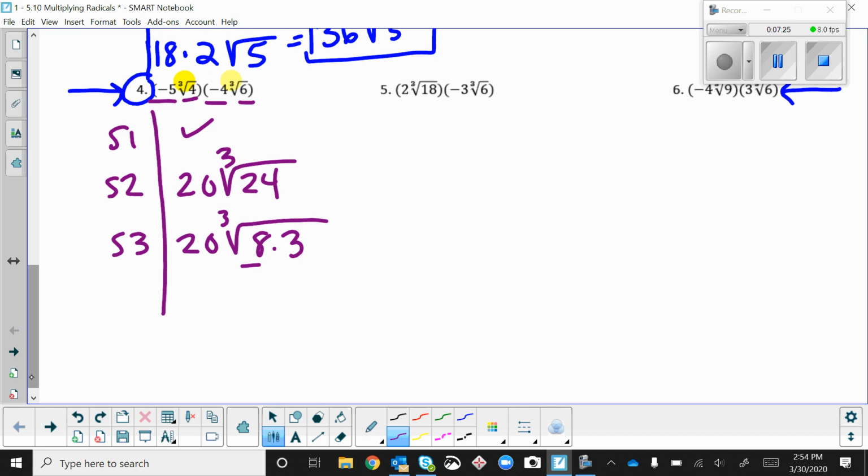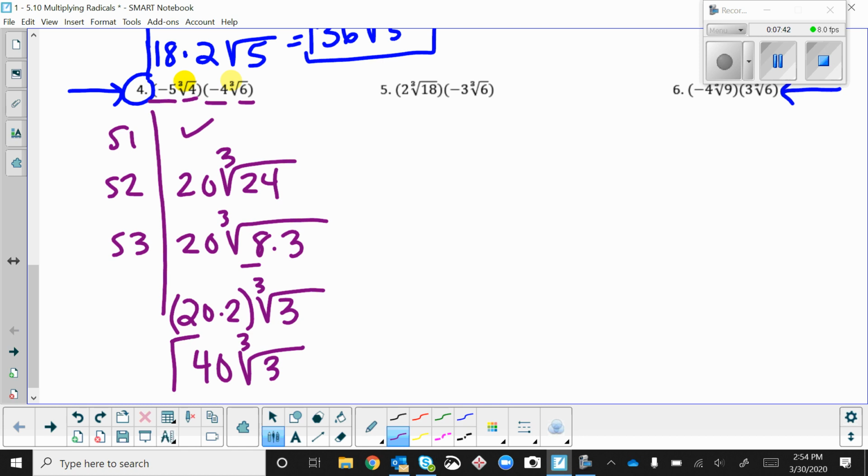So I would bring 2 out of the radical and multiply it by the 20. And I'd be left with the cube root of 3. And finally, I would have this. Okay, that's like the ninja method, if you can already recognize cube roots.